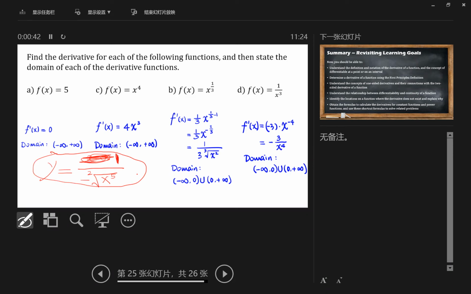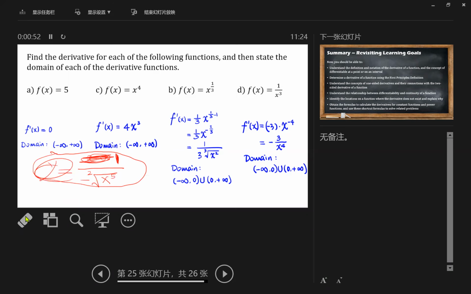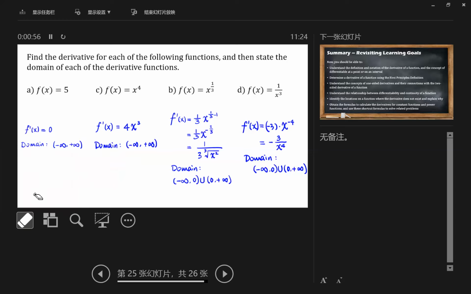Yes or no? If I give you an expression like this, okay, let's use a simple one. y equals 1 over x to the power of 5, then find its square root. This is also a power function, right?